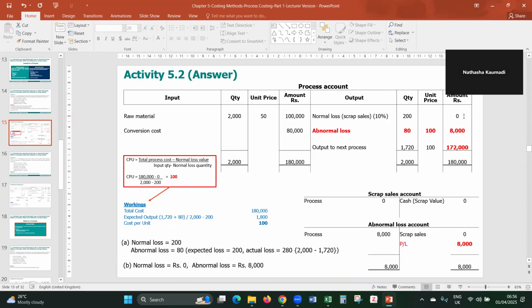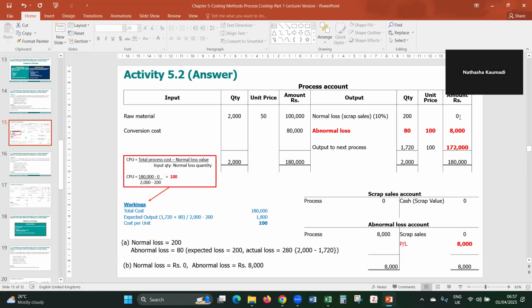I explained the meaning as well. The value of the normal loss is absorbed by the good output, right? So we are not showing it separately, and that's why we usually consider the value of the normal loss as 0.